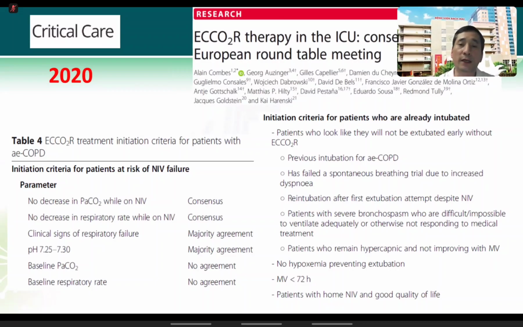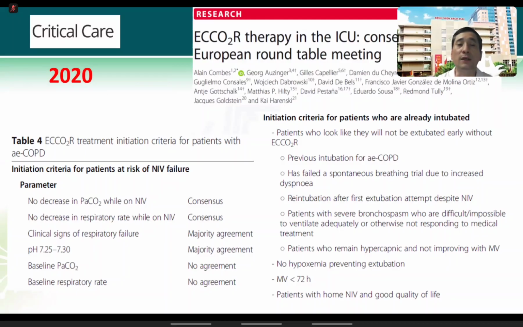For COPD, you see very little consensus. Maybe in Europe they don't have so many COPD patients, or maybe they don't care much, or maybe there is no evidence or very little evidence. So we see COPD patients on non-invasive ventilation, but you don't see any improvement in CO2 removal from the machine.